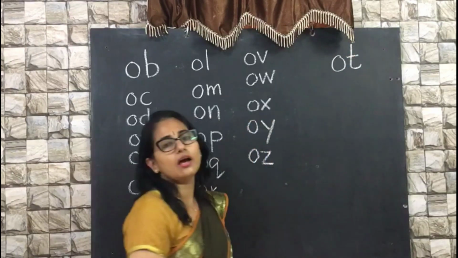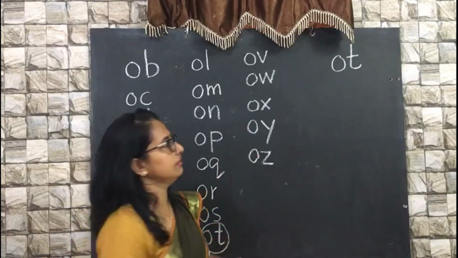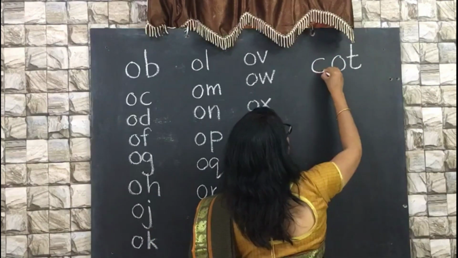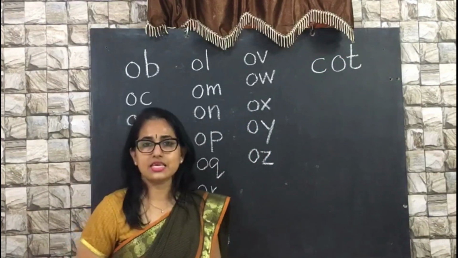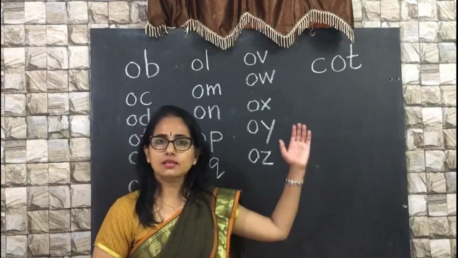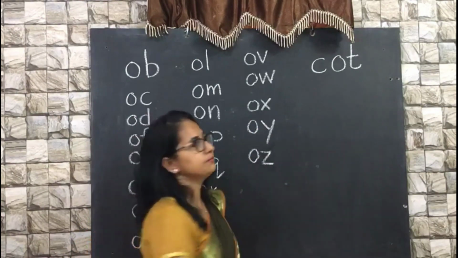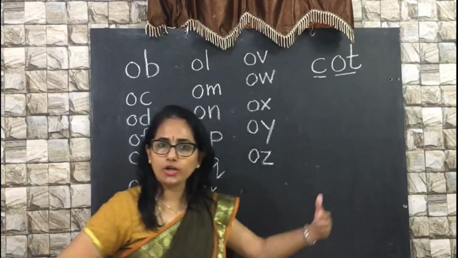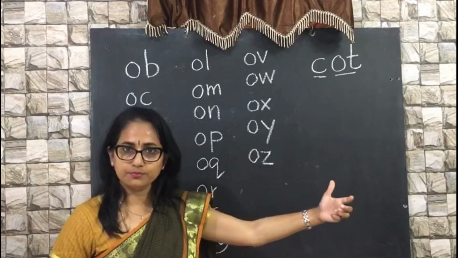When you join a consonant in front of it, like for example k, the sound of C is k. K, ought, caught.